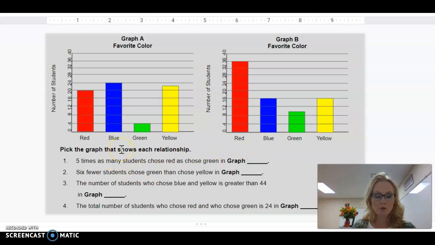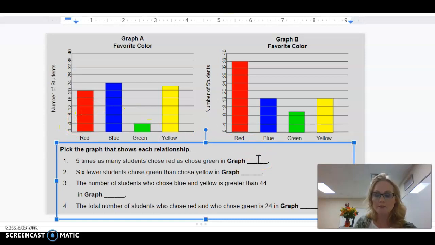After looking it over, I noticed that graph A has 5 times as many favorite colors of red as it does green. On the line for number 1, then write the letter A. Right? Now let's go ahead and answer the rest of these.